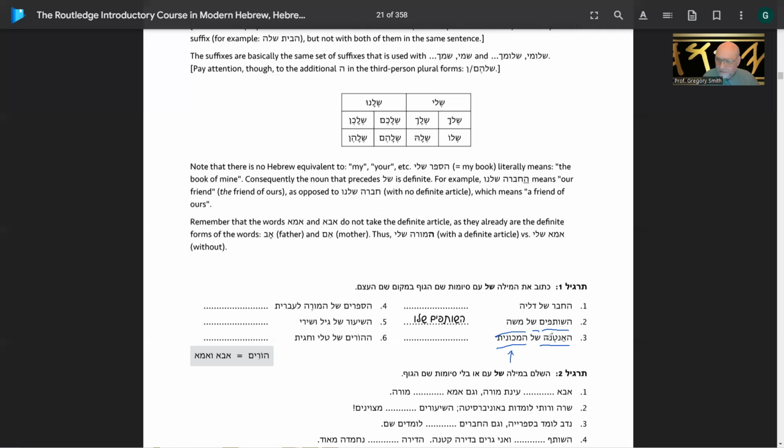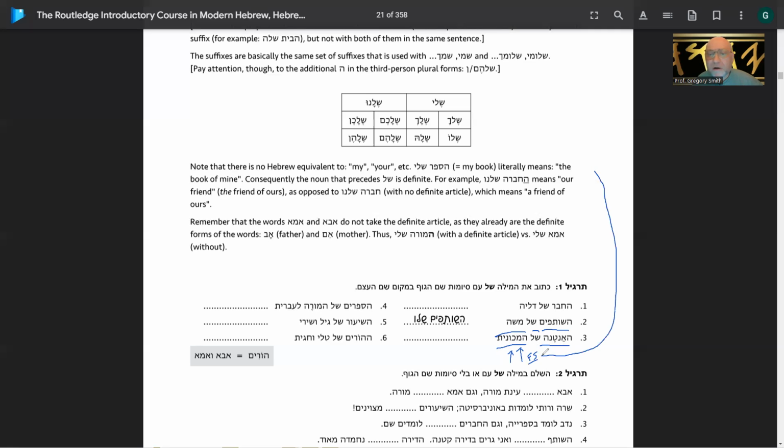Okay, it's feminine. So basically, it's going to be referred to as it, because it's not a person, it's an object. But it's still going to use one of these same pronouns. And notice that it's singular. It's feminine singular.